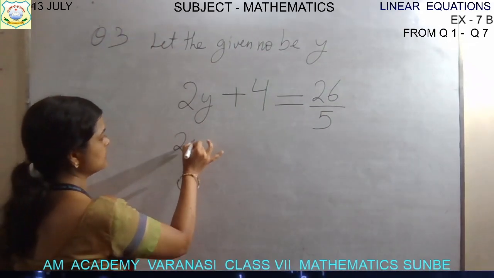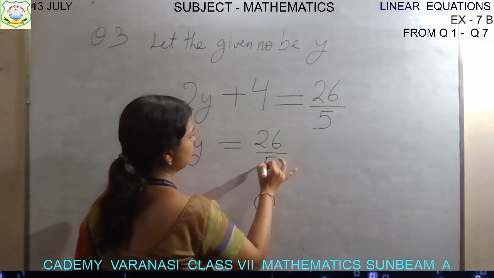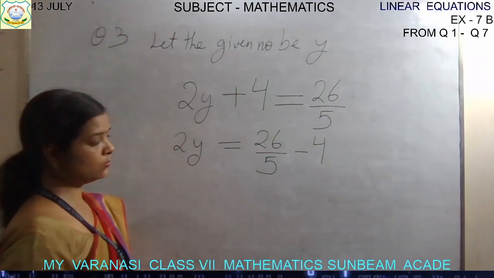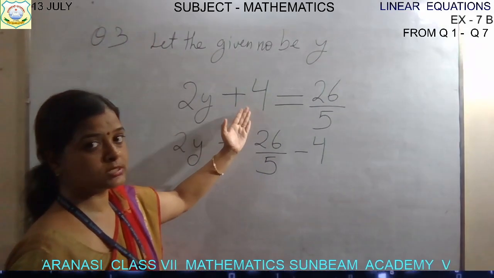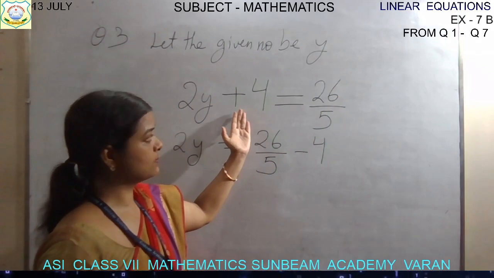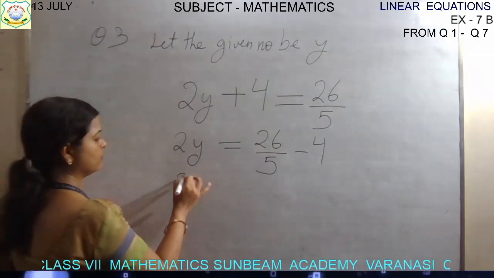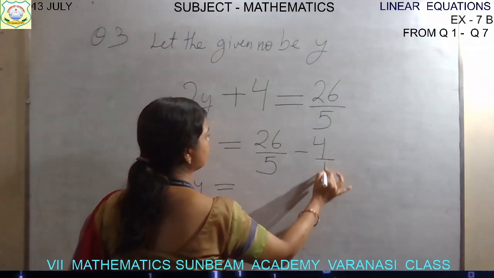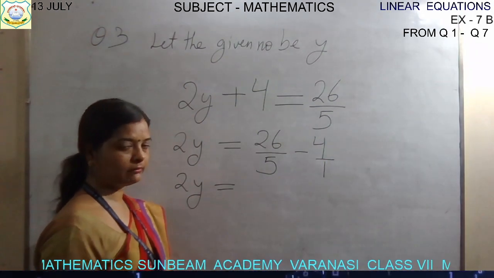So 2y is equal to 26 by 5 minus 4. 26 by 5 is already on the RHS. We only have to transpose positive 4 from LHS to RHS, so this positive 4 will become negative 4. Now we will solve it, first the RHS part. Here 4 we can write as 4 by 1. Either you write 4 or 4 by 1, it is the same.